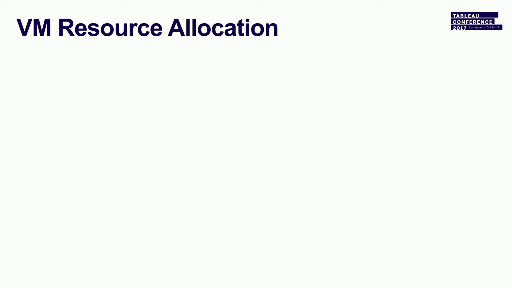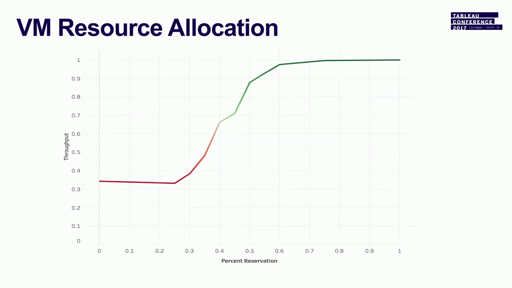So the real-world results from this test came out and roughly looked like this. The thing to consider here is when you don't reserve your CPU on a machine where you're fighting for resources against other totally legitimate processes, maybe you have an Exchange server or a database running on those other VMs, you're only getting about a third of the throughput you could have been seeing. So think about that.